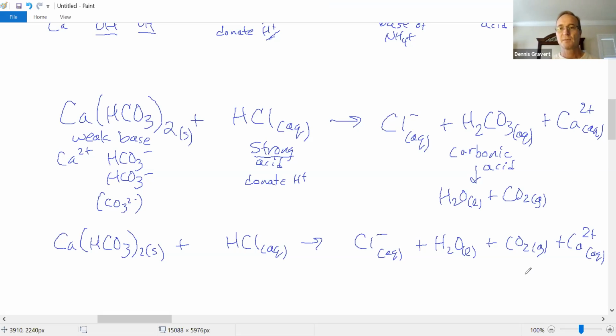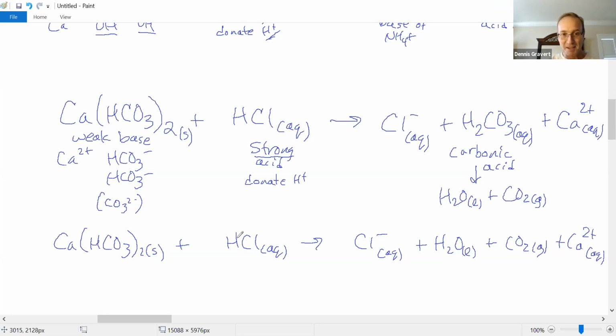Okay, we're supposed to save the simplest for last. So the chloride or the calcium is the idea, but we ran into problems before. So let's fix that by just balancing the acid-base reaction first. We said that bicarbonate, HCO3 minus, accepts an H+.